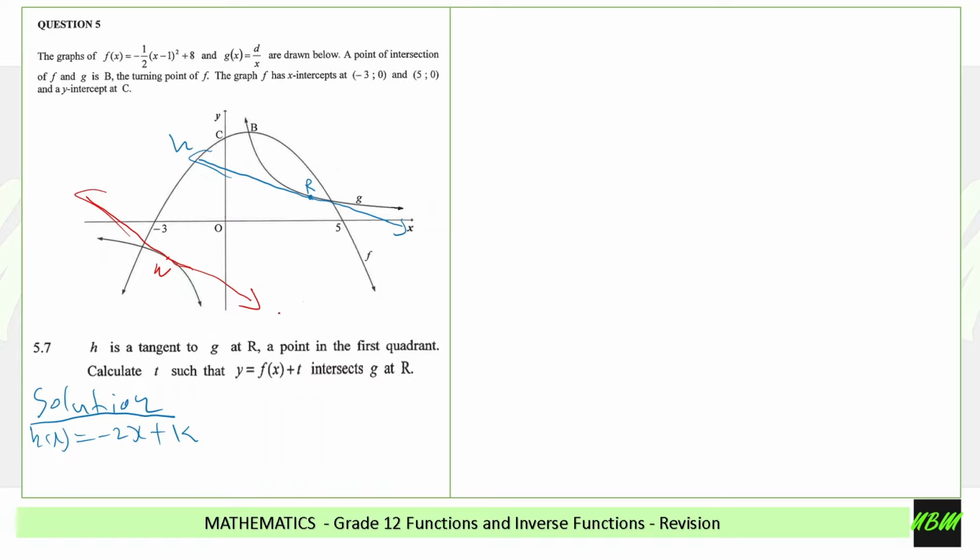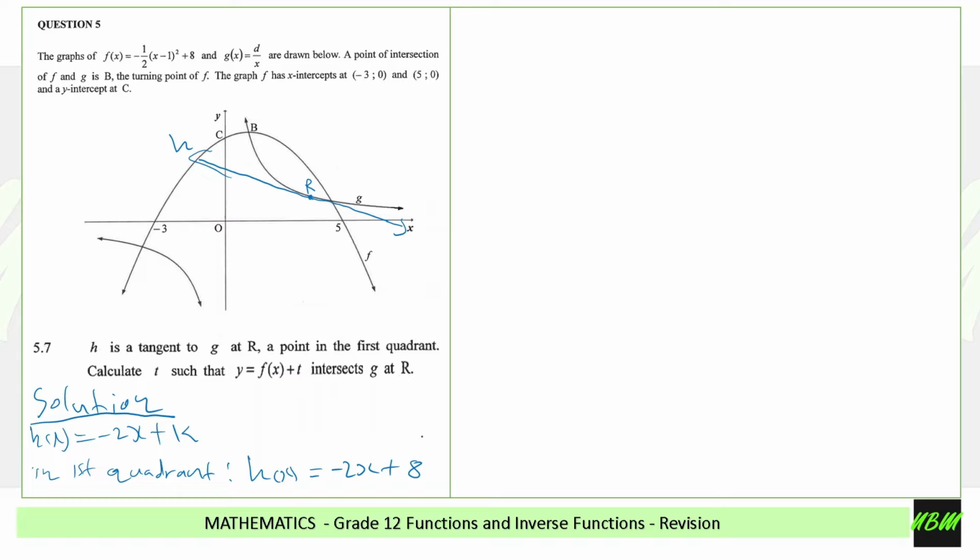So we are only going to be concentrating on the first quadrant. Therefore, what will be the value of k? In the first quadrant, h of x will be given by minus 2x plus 8. Now h will be a tangent to g in the first quadrant when k is equal to 8.